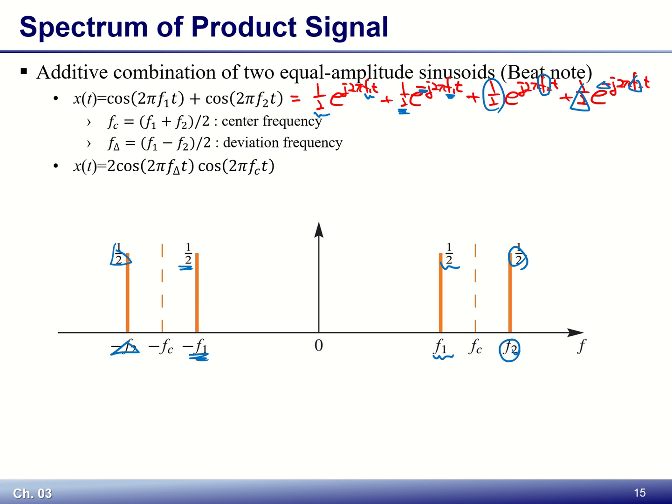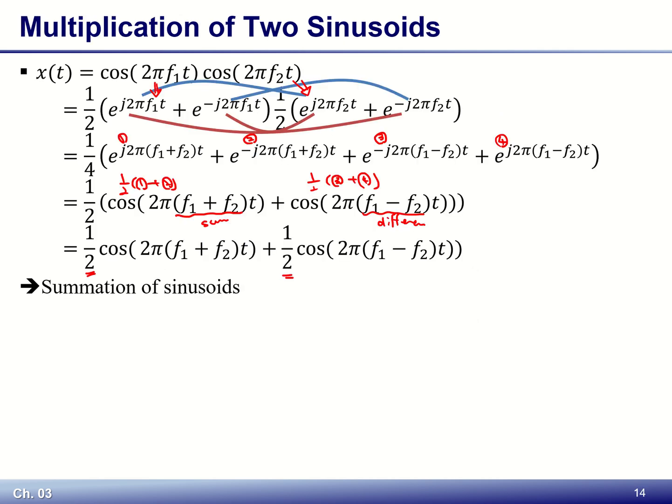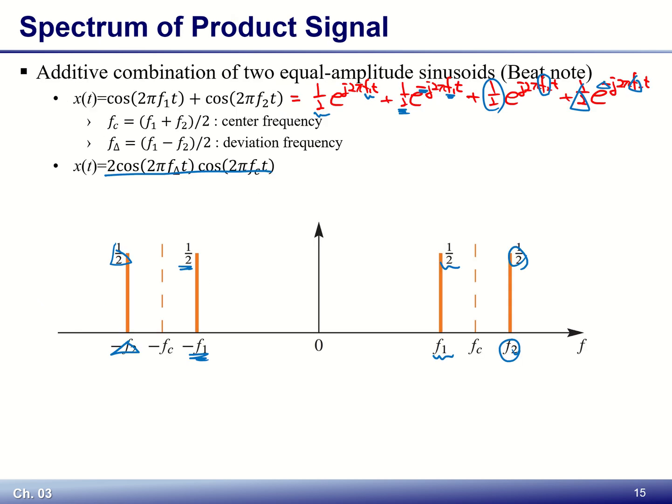So this summation we can find from multiplication like this. Okay, so the previous one is like this. From these relations we can have it like this.